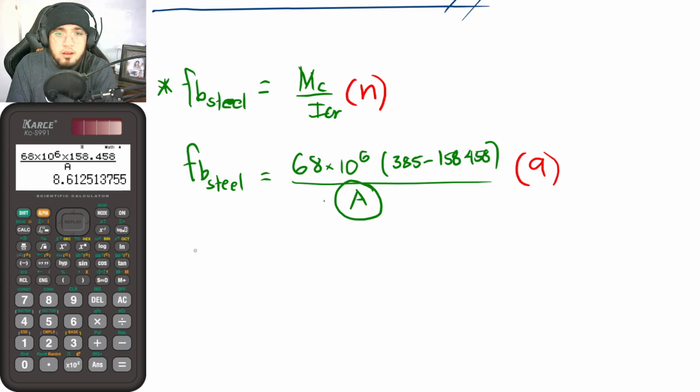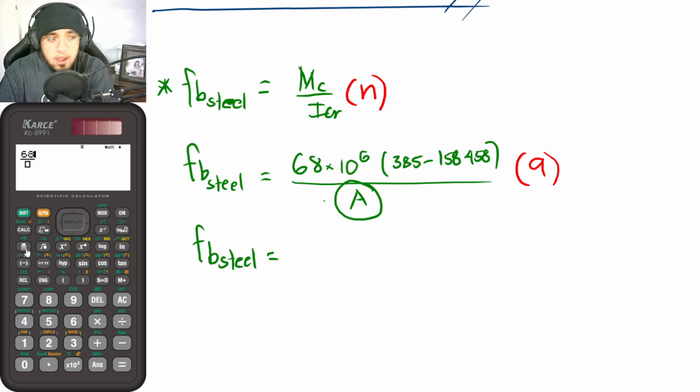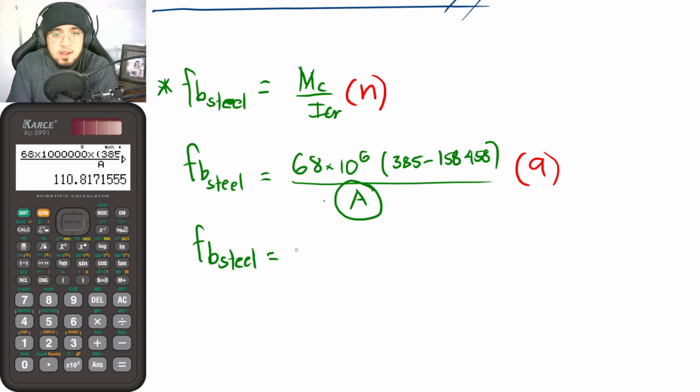The bending stress of steel is now equal to, looking at the calculator to your left, 68 times 10 raised to 6 times (385 minus 158.458) divided by A. Our answer here is 12.31, but you just multiply it by 9, so the stress in the steel is 110.817 megapascal.